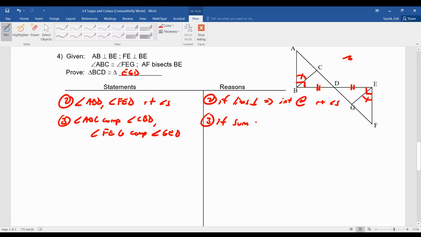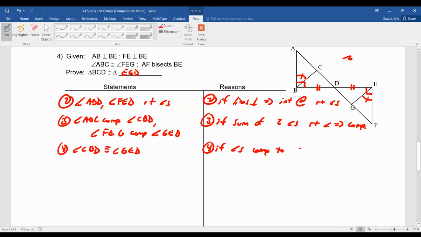If the sum of two angles is a right angle, then complementary. Okay, we're getting there. Now we can say that those little angles there, angle CBD, is congruent to angle GED if angles comp to congruent angles, then congruent.